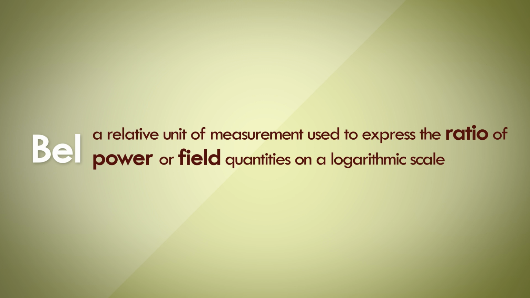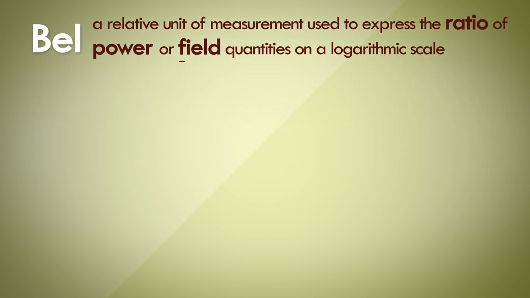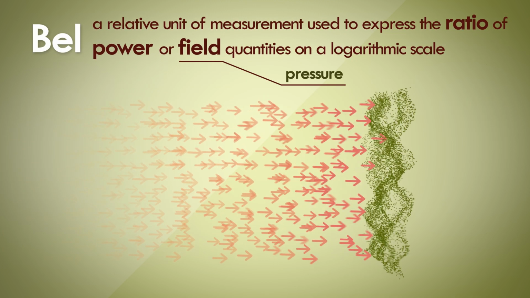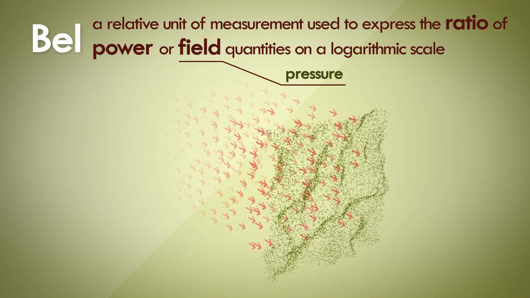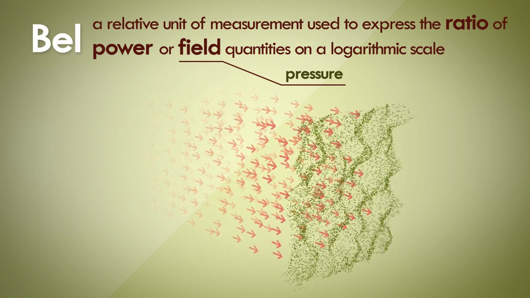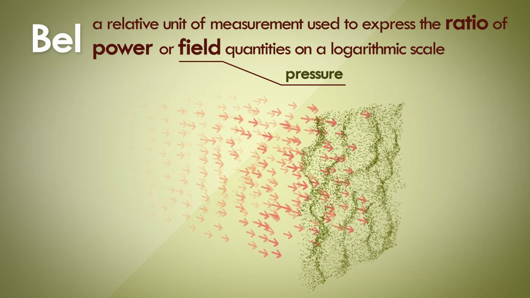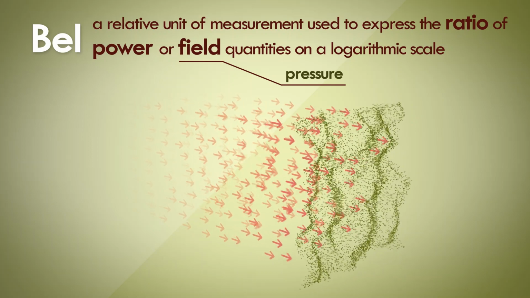Bell is in fact a unit first used in the measurement of electrical power in telephone applications, so it's not immediately apparent how it can be applied to the measurement of sound pressure. If you look closer though, it says power or field quantity. Pressure is in fact a field quantity. Pressure exists in a medium and can be measured at any cross-sectional area of the medium and is dependent on the position from the source.